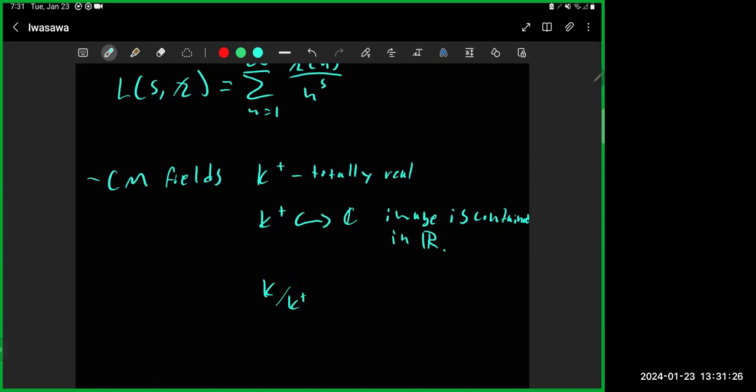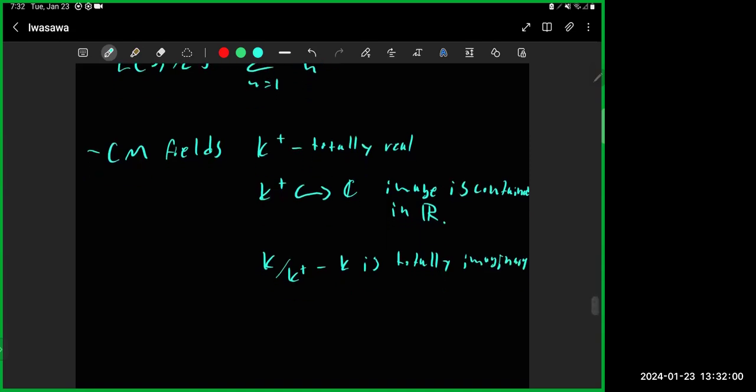So it's the complete opposite of K plus. Namely, K over K plus is a quadratic extension, which just means a field extension of degree 2, and K is totally imaginary. So it's just the opposite of this statement: all the images are not contained in R. Totally imaginary.